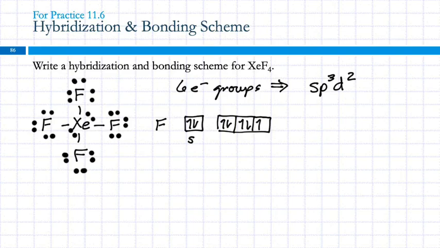So this is S, and this is P, and here we've got that 1 half-filled orbital. So for xenon, I'm going to do the atomic orbitals and the hybrid orbitals because that's what it asks you to do on the worksheet.